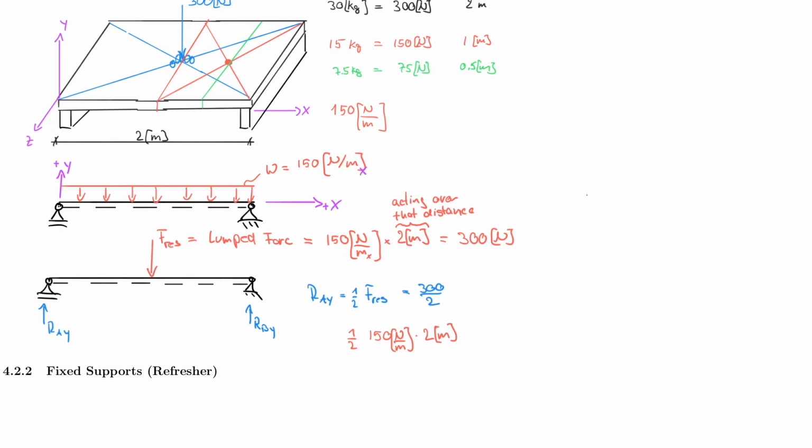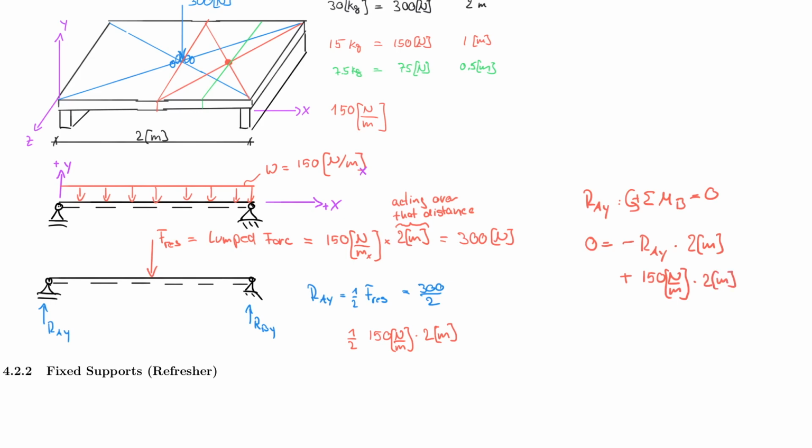Let's find, for example, RAY: the sum of the moments about point B being equal to 0, counterclockwise positive, and then 0 is equal to minus RAY multiplied by 2 meters, because that's the distance between the point of reference and RAY, and then plus 150 Newton per meter multiplied by 2 meters.